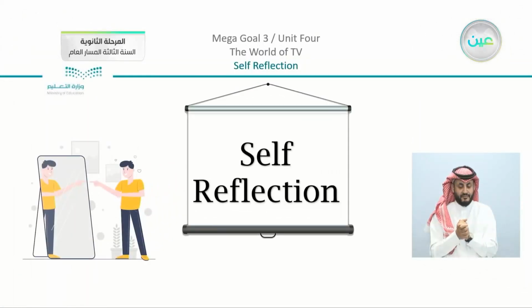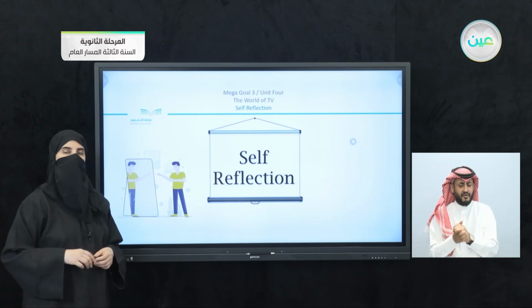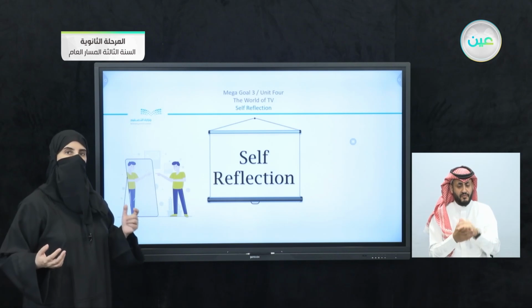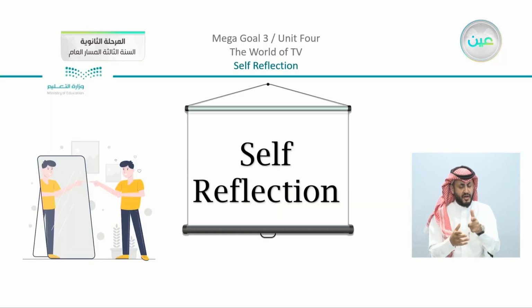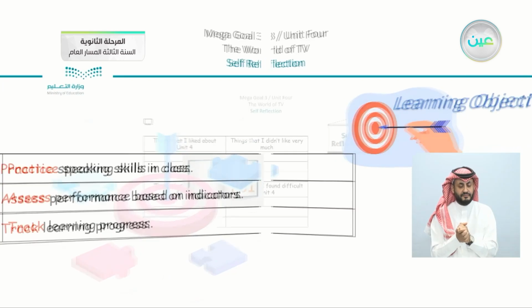So we have come to the last part, which is going to be the self-reflection. Of course, we self-reflected in all the units before, Unit 1, Unit 2, and Unit 3. Coming to our end here, we have the objectives of the self-reflection: to practice speaking skills in class, assess performance based on indicators, and track learning progress.